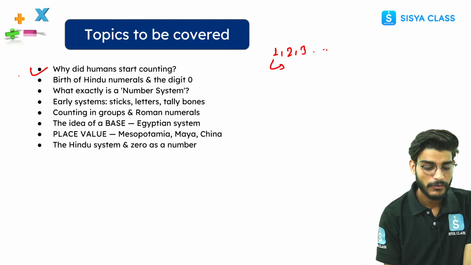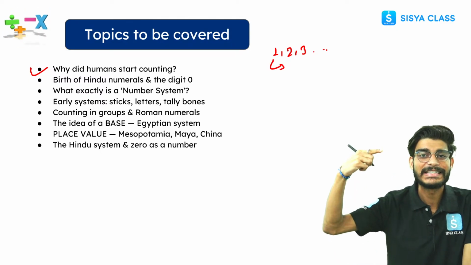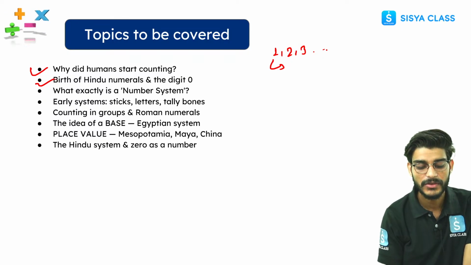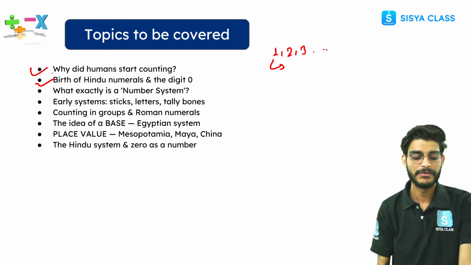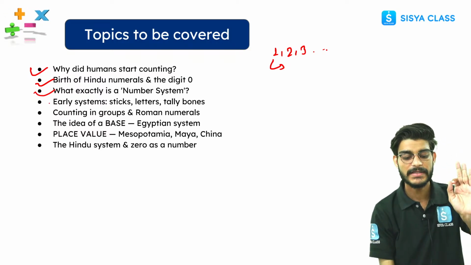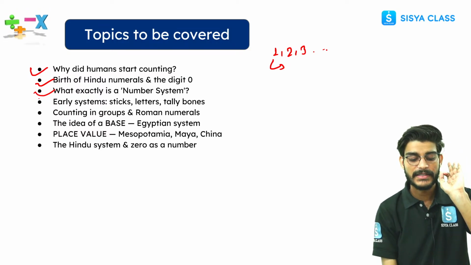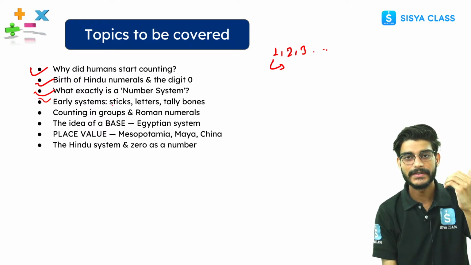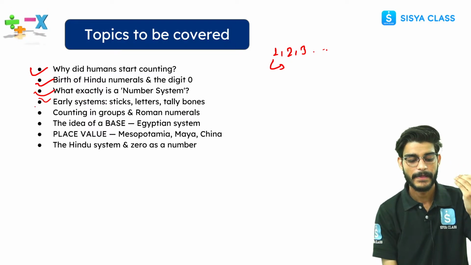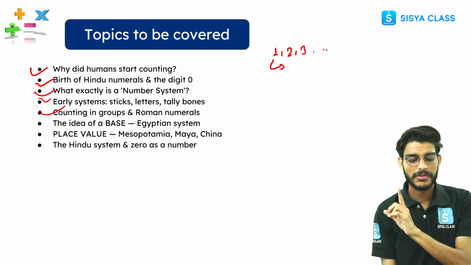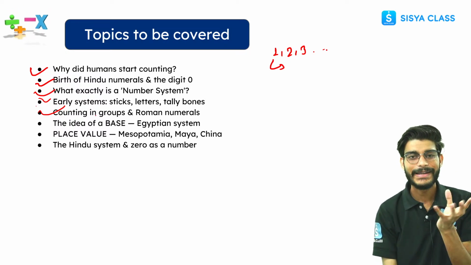First of all, why did humans start counting? The second thing is the birth of Hindu numerals, the digit 0. Then we will see what exactly a number system means. Then early systems, how we used to count, like through sticks, through letters, and through tally bones. We will look at counting in groups. One by one counting we did not always do; we also used to count in groups.